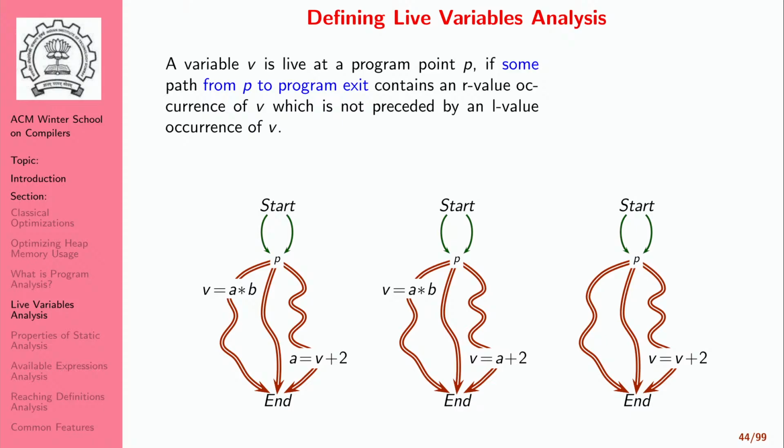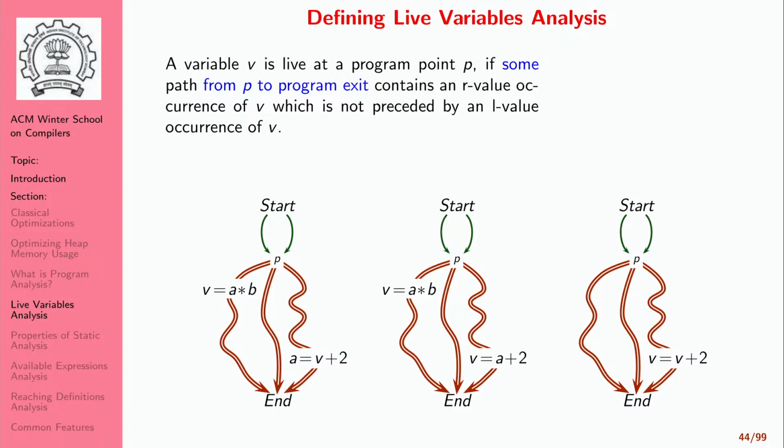The property that we are discovering does not depend on the history of execution that reached P, but depends on the future of the execution from that point onwards, because we want to know whether a variable is used after this point, and therefore we examine paths from P to exit and not from start to P. We will see a different analysis which traverses paths from start. And because we are examining paths from P to exit, intuitively that's the reason why we went backwards. Right? That's the second observation.